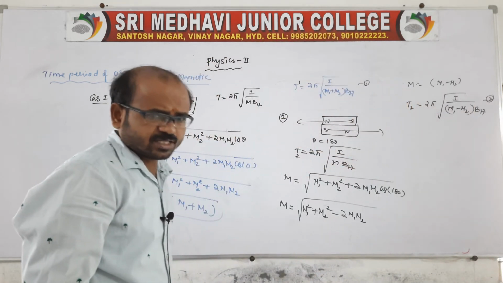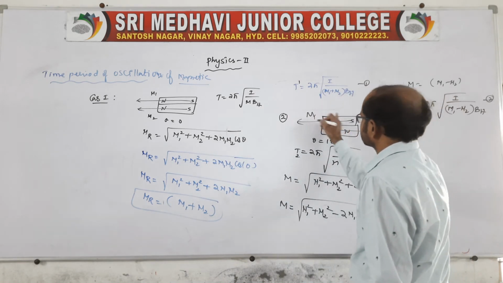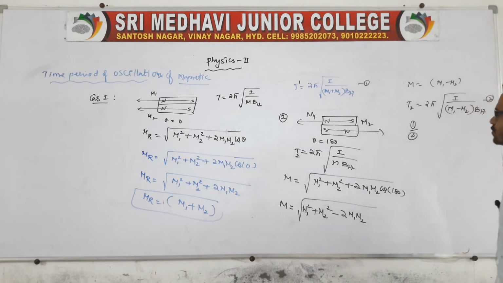Now divide these two and get the magnetic moments, because we don't know the magnetic moments, no? Then you find the magnetic moments. Further you divide 1 by 2, or else 2 by 1 also, no problem.